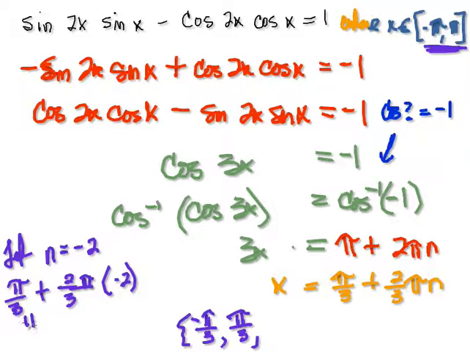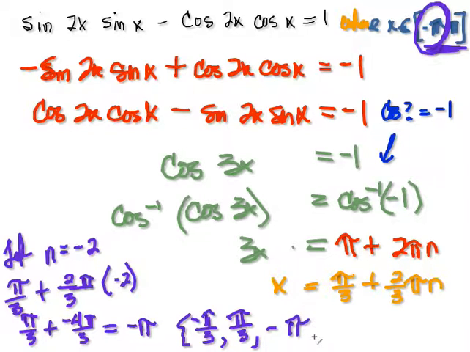So I'm going to get pi thirds plus -4 pi thirds, which is -3 pi thirds, which is negative pi. This is inclusive, so it can be negative pi. So that's one of my numbers in that range, that does work. Now, if I let n equal -3, I'm out of that range. That's not going to work.